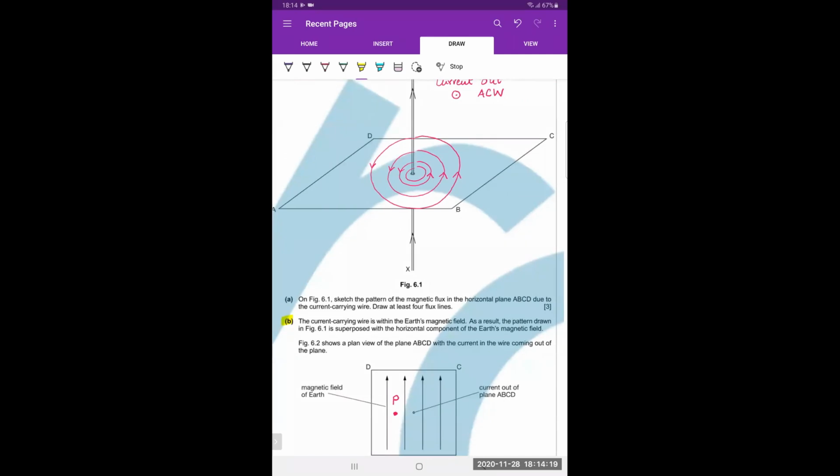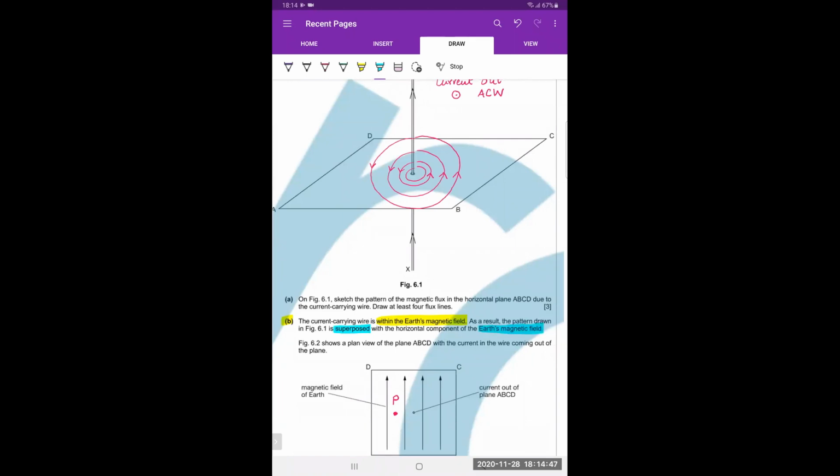So part B के अंदर the current carrying wire is within the Earth's magnetic field. It further says, as a result, the pattern drawn in figure 6.1 is superimposed with the horizontal component of the Earth's magnetic field.